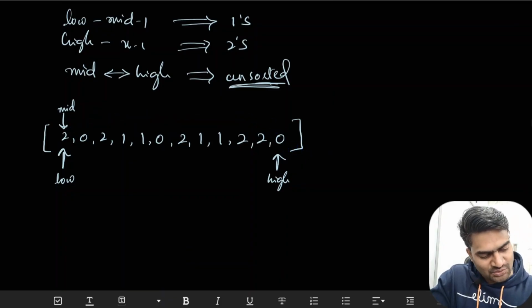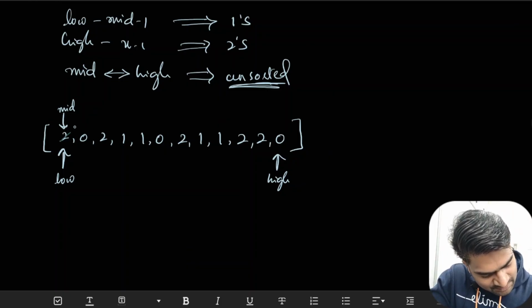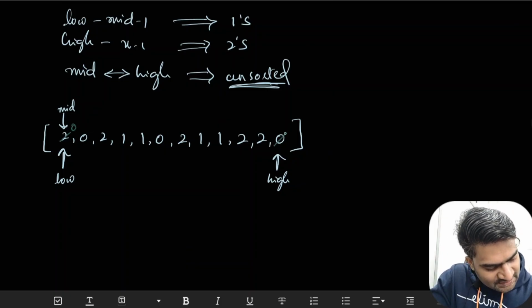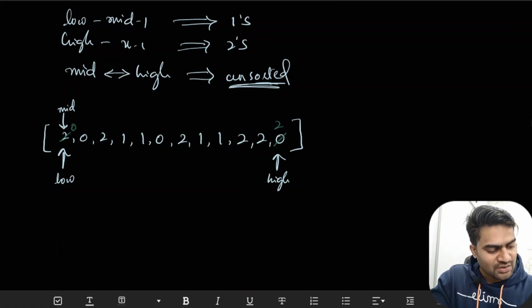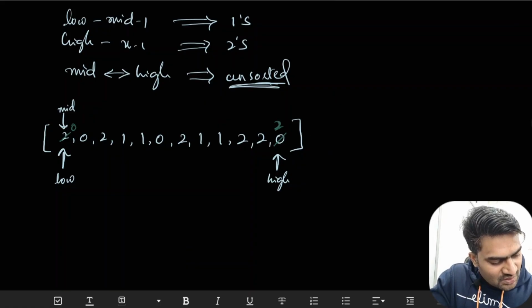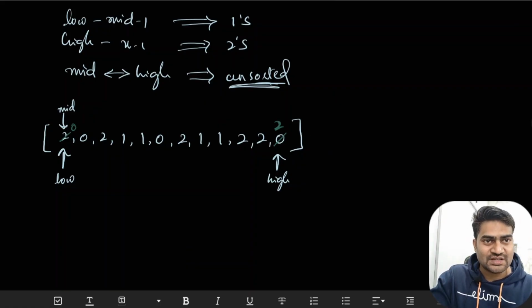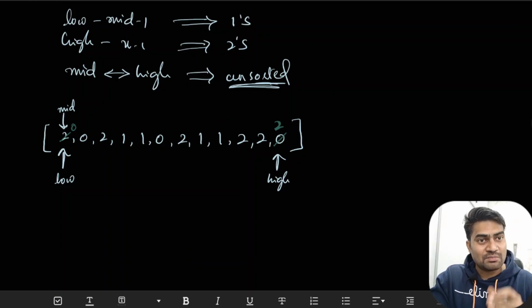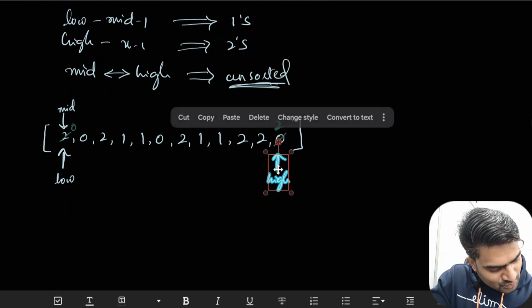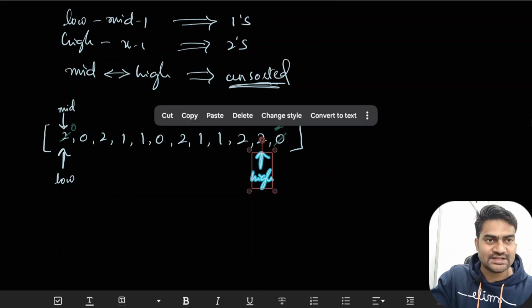I will take a different color. So I will swap 0, then this becomes 2. Now this 2 is already in its correct position. So my high pointer should move one position left because next it has to place the 2 at that next index. So I will move this to the next value.